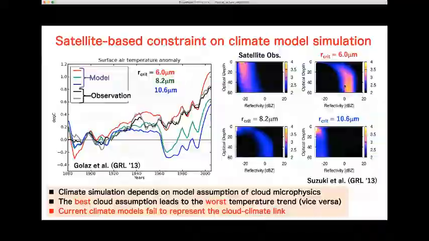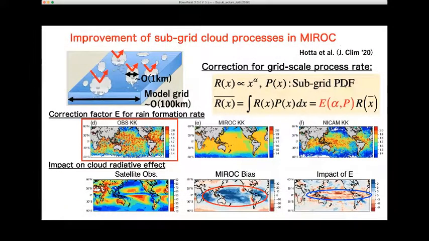The fundamental problem in the current climate models is their very coarse grid resolution. That's only about 100 kilometers, and that cannot resolve individual cloud precipitation and convection that happen over around 1 kilometer scale.